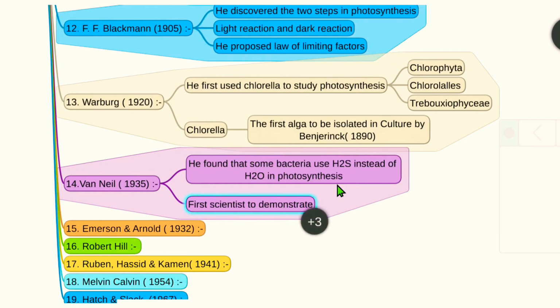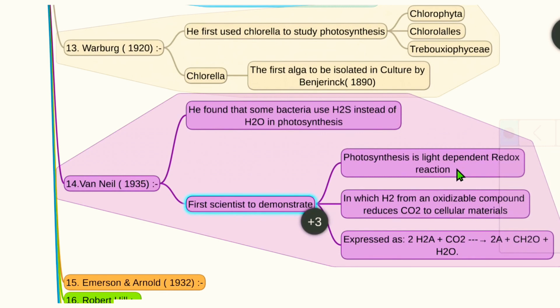He was the first scientist to demonstrate that photosynthesis is a light dependent redox reaction, in which H2 from an oxidizable compound reduces CO2 to cellular materials. He expressed it as 2H2A plus CO2 gets converted into 2A plus CH2O plus H2O.